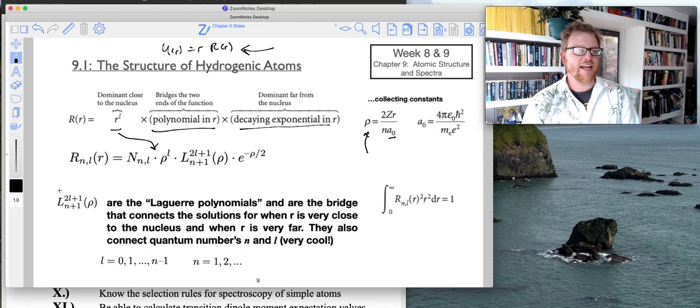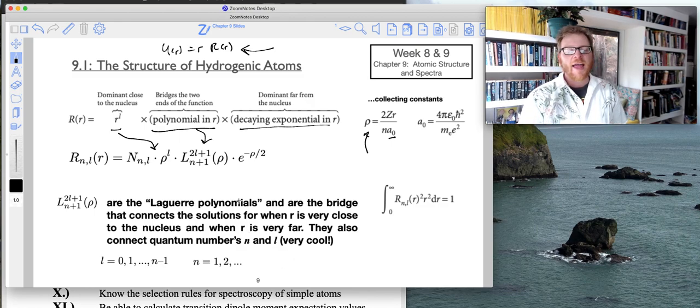This crazy thing, L to the 2L plus 1 sub n plus L of rho, is called the Laguerre polynomials. This is the bridge that connects the solutions when r is very close or very far away. It also provides the connection for n and L. I know the notation looks fearsome, but it's really not.